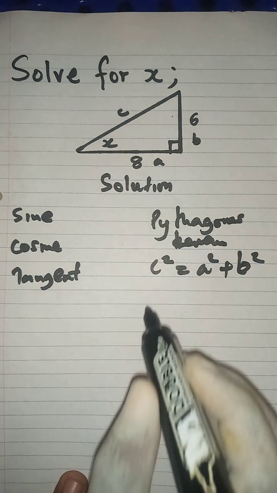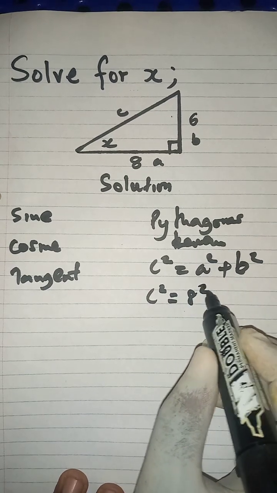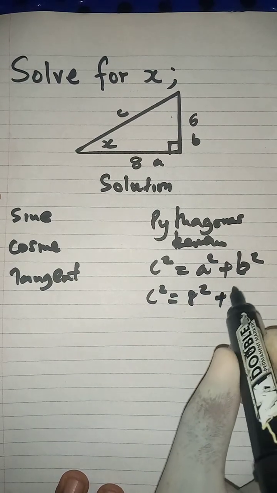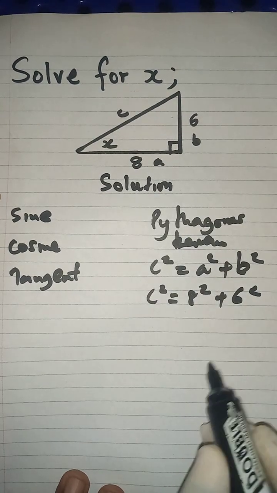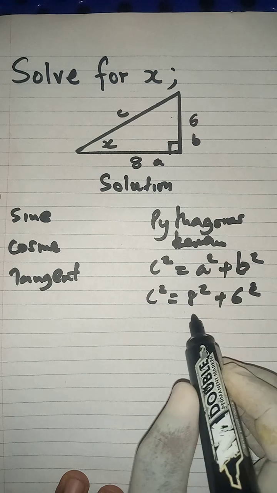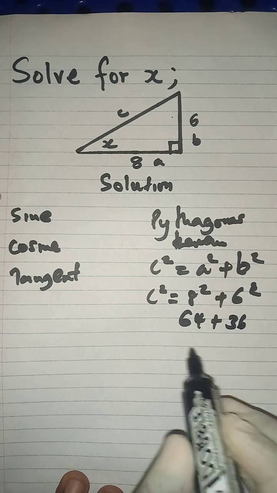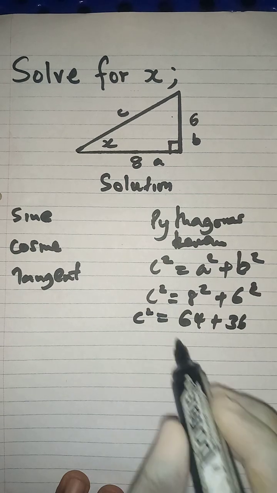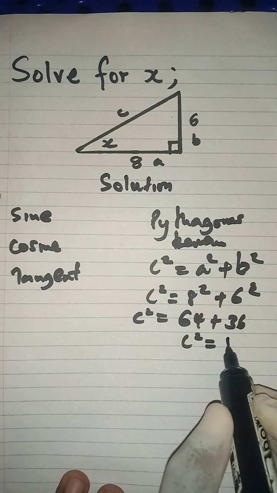So doing that, I'm going to get C squared is equal to 8 squared plus 6 squared. Then of course that means I'm going to get 64 plus 36 is equal to C squared, which of course now becomes 100.